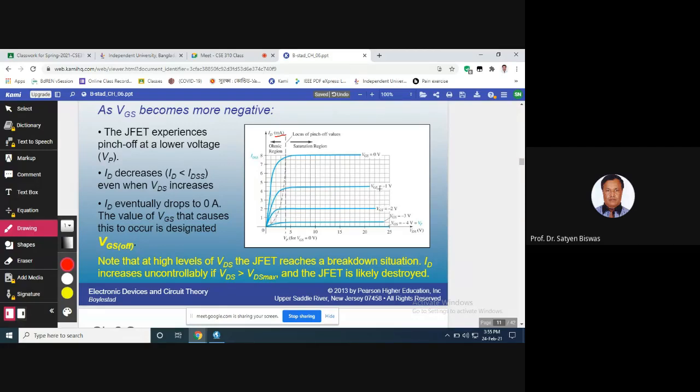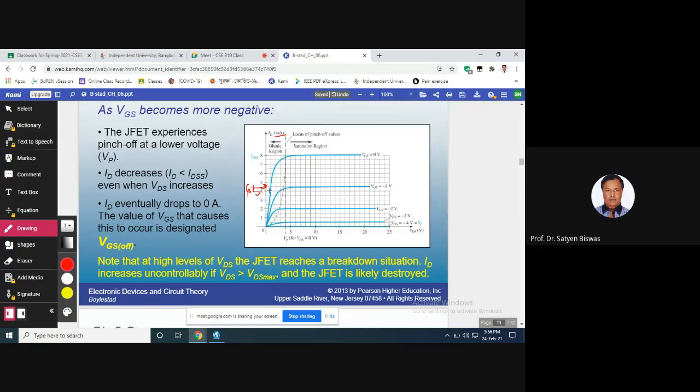But when VGS equal to -1, look here, the saturation current line is here. And this is the saturation current at this point, and this is 4.5 milliampere current here.